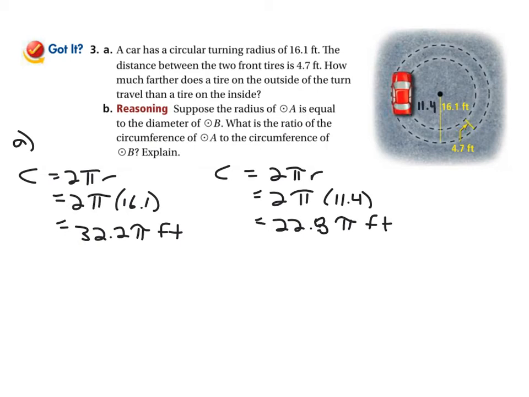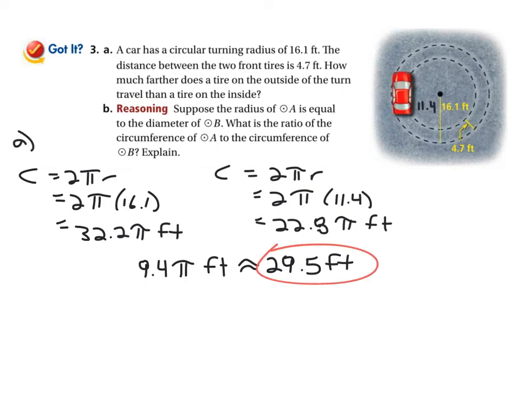Okay, so 9.4 pi feet is approximately equal to, and I will take my calculator and type it in, and I get approximately 29.5 feet as the difference between the two of them. It doesn't tell me what to round it off to. It doesn't say to the nearest foot or anything like that, so I rounded it off to the nearest tenth, which is fine.